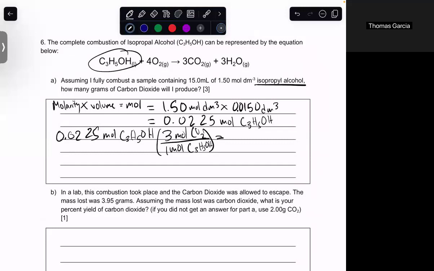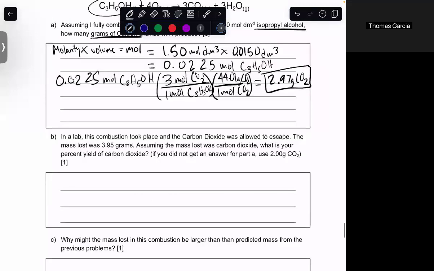Before I calculate that, we don't want moles of carbon dioxide, we want grams. So we'll do one more conversion. 1 mole CO2 is equal to about 44.01 grams CO2, using the molar mass. Now, when I calculate this out, I will get about 2.97 grams CO2.